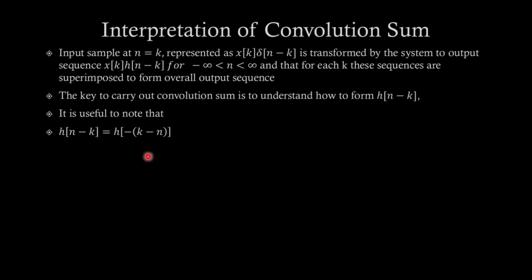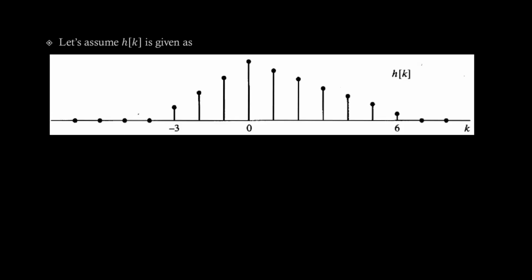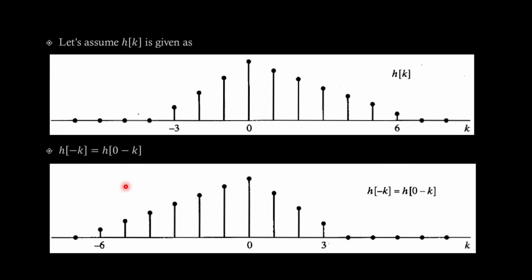Let's assume that the impulse response h[k] is given as this particular sequence. Now h[0 minus k], that is h[n minus k] where n equals 0, is given by this, which is just the mirror image across k equals 0.